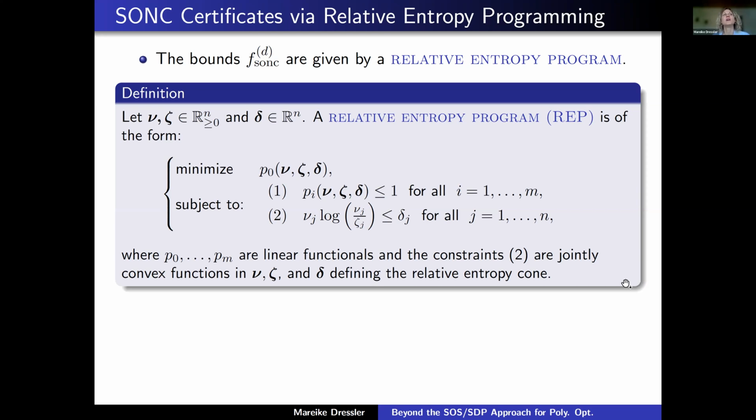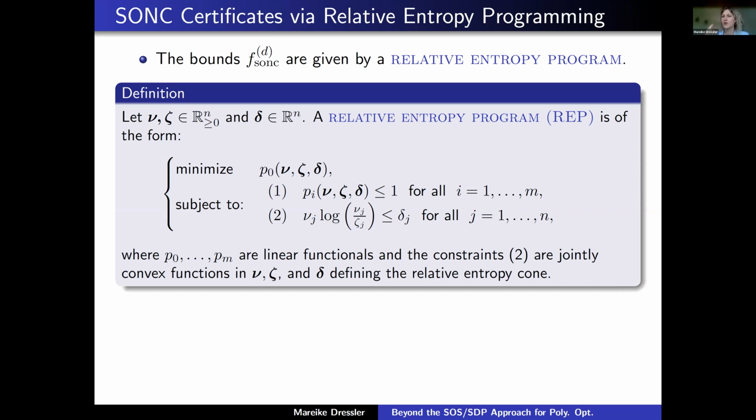So James on Monday gave you this bigger picture of conic optimization. So you can also interpret relative entropy programming clearly as a conic optimization problem, where we optimize over the relative entropy cone.